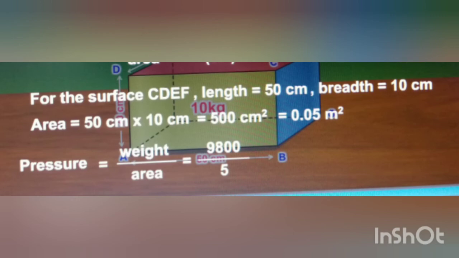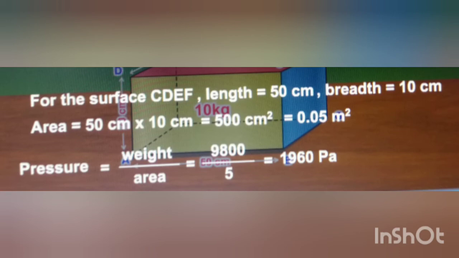So area is equal to length into breadth, that is 500 centimeter square. We convert centimeter into meter, and we get the value 0.05 meter square, as I have explained for the above surface. So pressure is equal to weight upon area, that is 98 upon 0.05, which is equal to 1960 Pascal.